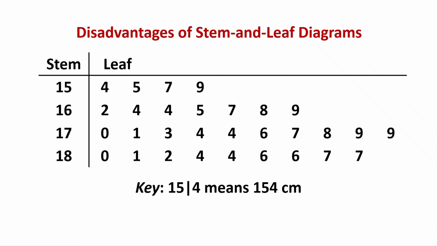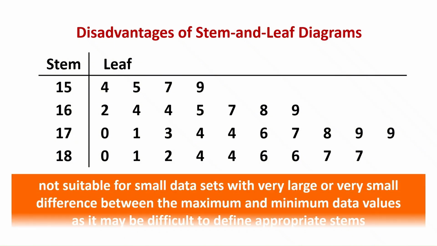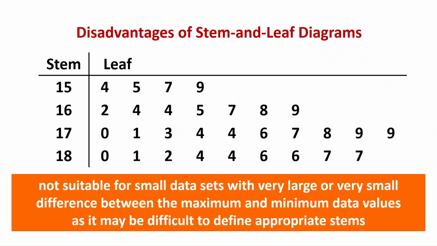Stem and leaf diagrams are also not suitable for small data sets with too large or too small differences between the largest and smallest values, as it may be difficult to define appropriate stems. Imagine if all the data points are between 160 to 179 inclusive. Then we will only have two stems, 16 and 17. Even if we split the stems, we will only have 4 stems.